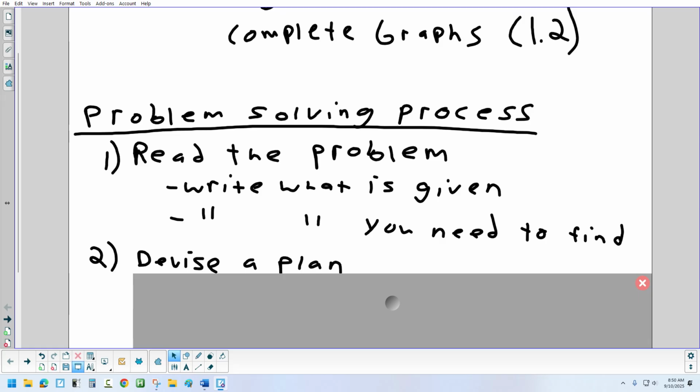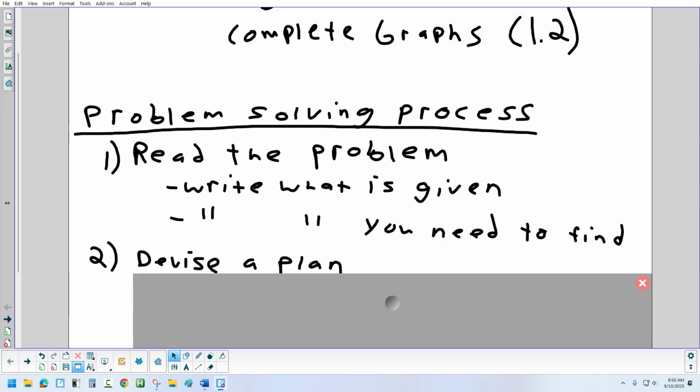Okay, so we might pick out some variables. And what would you use variables in? An equation, yeah. So that's one approach. We might make an equation.